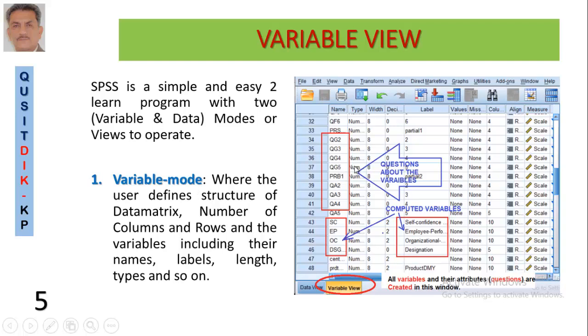But in variable mode, you get the screen showing the variables and questions as rows. And this is where we give the names or titles to our questions, like questions about the variables, and similarly the computed variables, they also come in different columns.